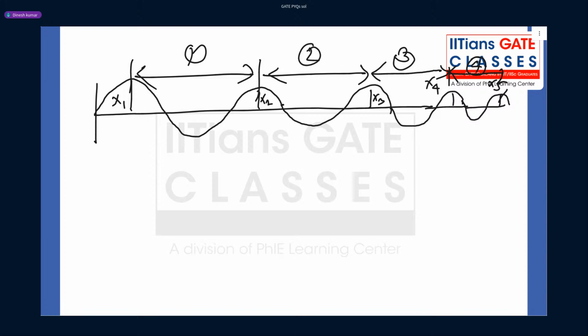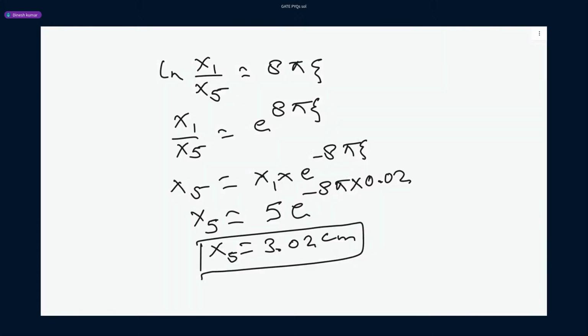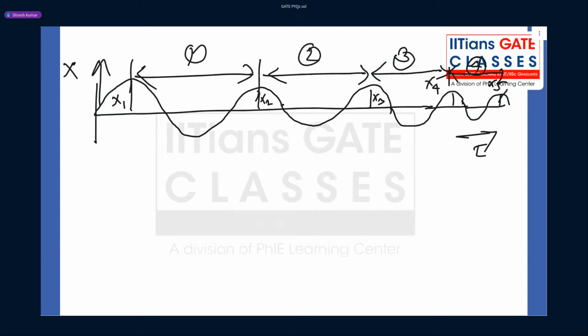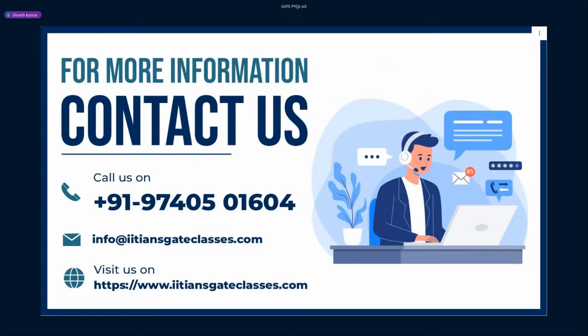Okay, so that's how also you guys can check it. So this is one way to check. So our answer is x5 is 3.02 centimeter. So you do your calculation again. Okay, so that's all from today's session.